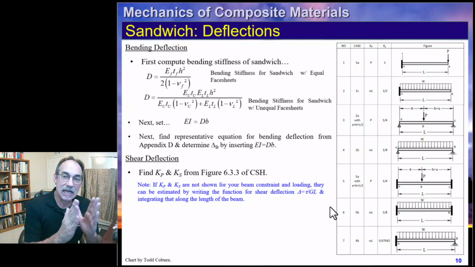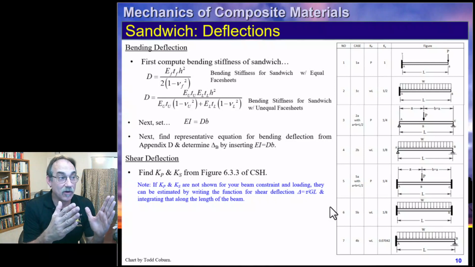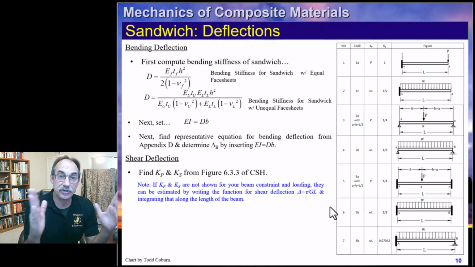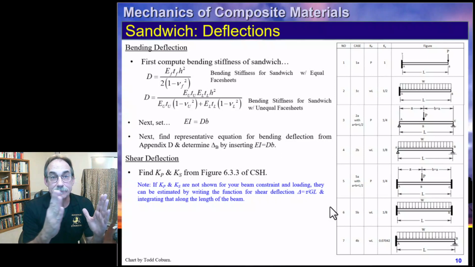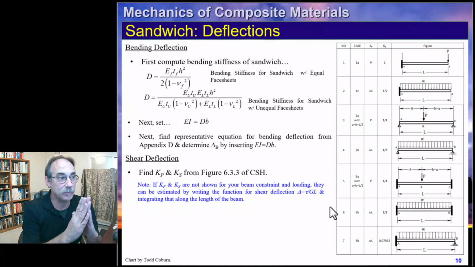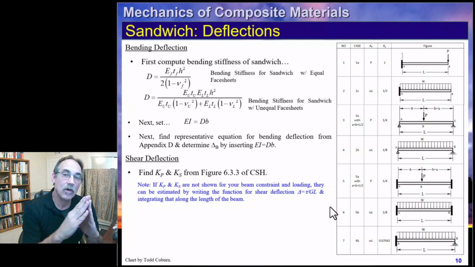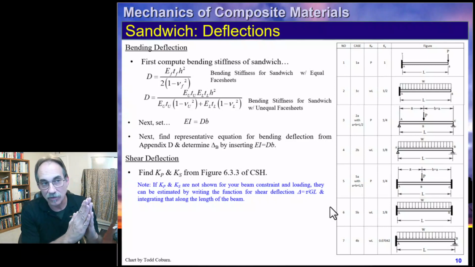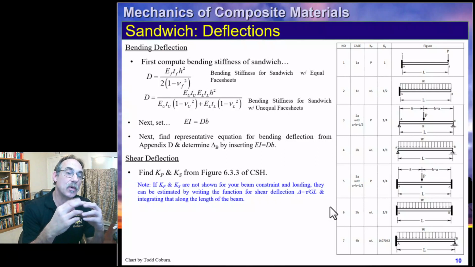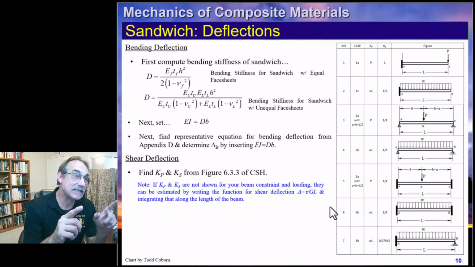If we have a constant beam, without a change of shear stress, that's pretty simple, as some of these are. Remember, the first one is changing axial stress from end to end, but the shear stress is constant. That's what makes that so simple. If we have a change of shear stress along the beam, or a change of material properties along the beam, then we actually need to integrate up the effects of those, and that's how these coefficients are calculated.